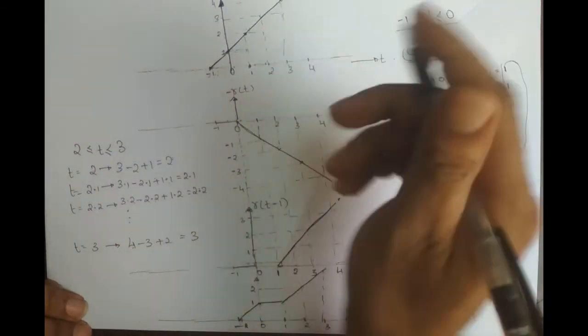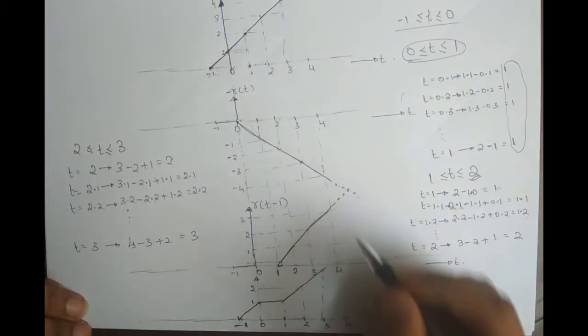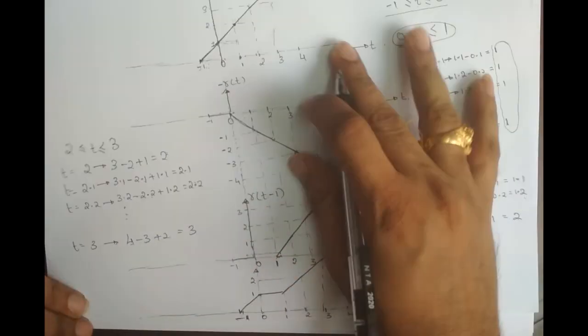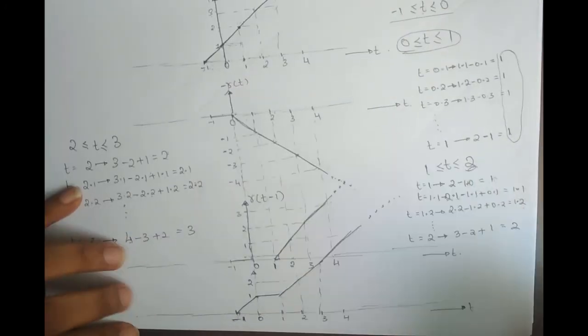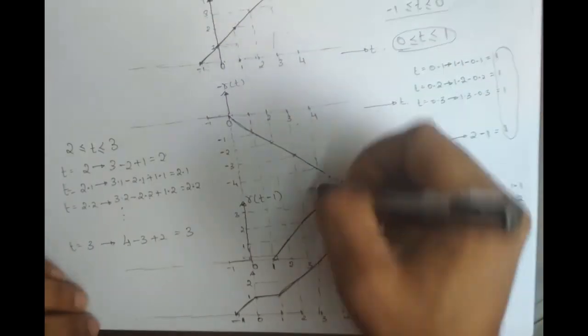And since after 3 the pattern is that the first is rising, the second is falling, and the third is rising, all three signals keep the same pattern, so this rises till it goes to infinity. Okay, so this is the resultant sketch of the signal x of t, the addition of these three.